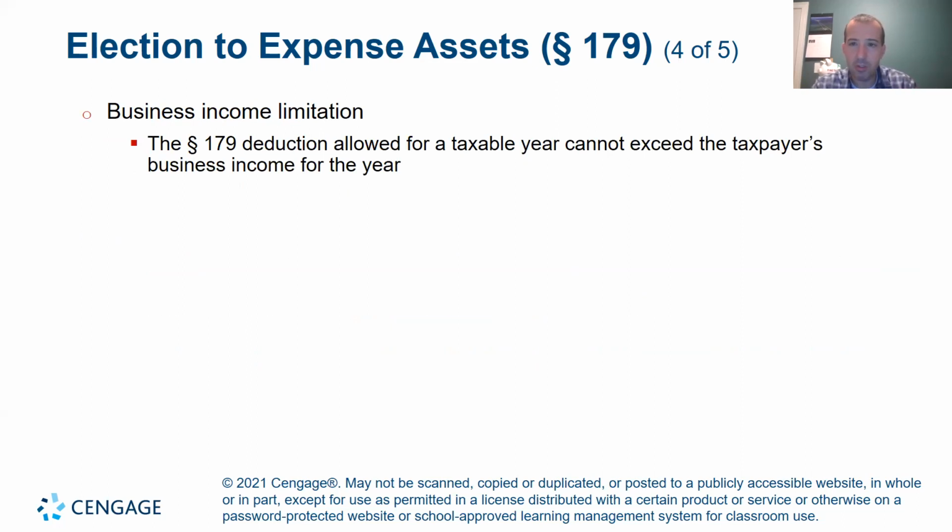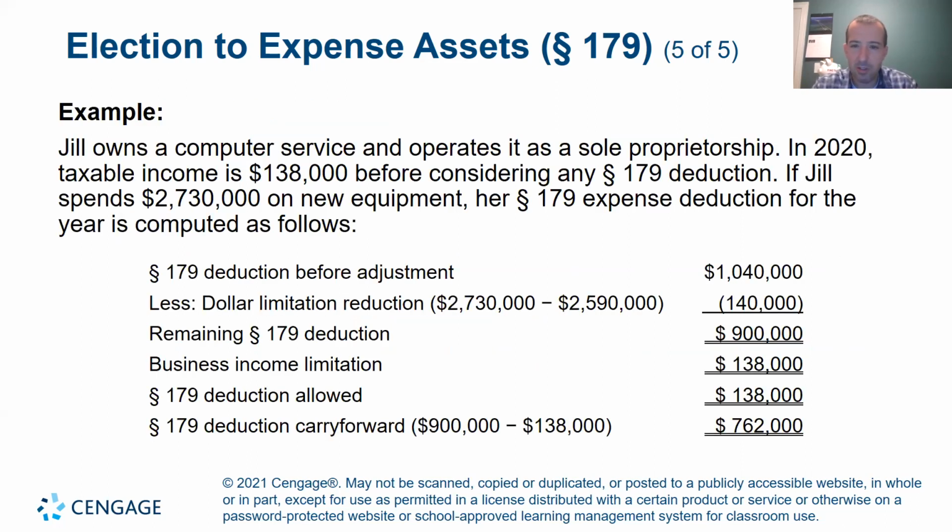This is more of a small to mid-sized business deduction. Here's a calculation on the 179 deduction. In this example, Jill owns a computer service company. It's 2020, so Section 179 is capped at $1,040,000.